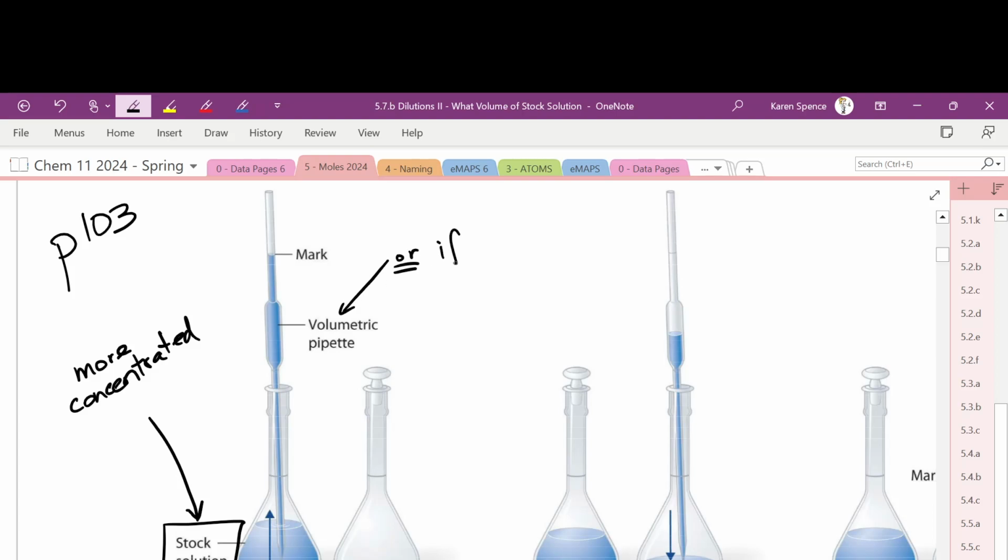Or if the volume is large, what could you use to measure out? Let's say we wanted 400 milliliters. Do you think I have a 400 milliliter volumetric pipette? Like 400 milliliters is like this much. What could I use? Beakers are terrible at measuring. Something that's better at measuring. I could use a graduated cylinder. Yeah?